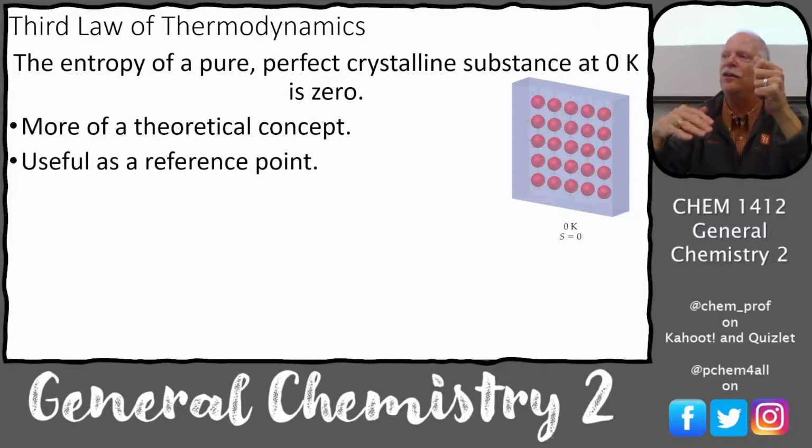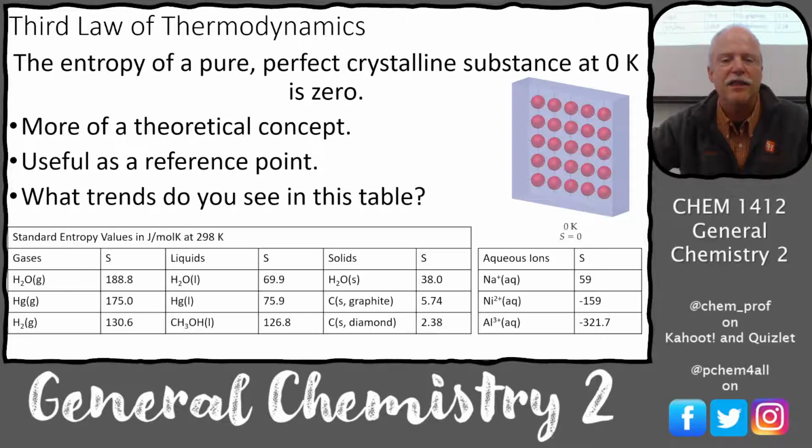At 0 Kelvin, we set that at 0 entropy, okay, for this particular substance. And then that allows us to make tables. So here's the tables of standard entropies for some liquids and solids and gases and some aqueous ions. So what trends do you see in this table? We're talking about broad trends at this point.